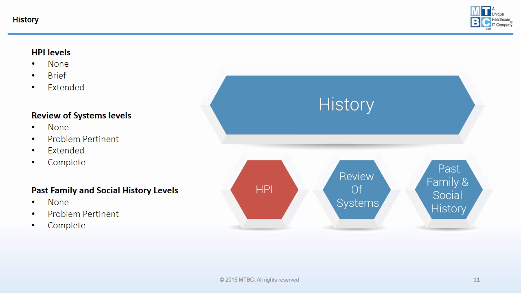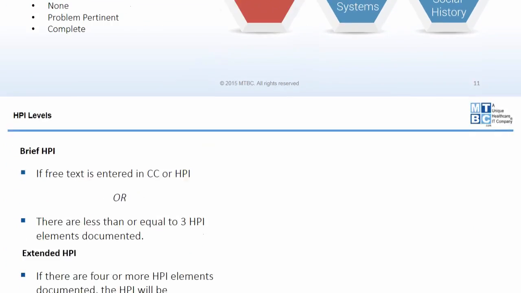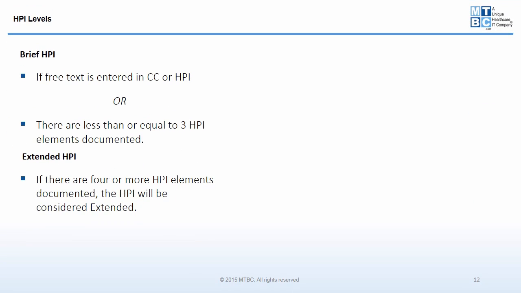And past family and social history levels, they'll be none, problem pertinent, and complete, depending on the cognitive labor that you're performing in that chart. If there is extensive detail, obviously the levels would be complete. If there is less detail, for example, the levels would be none or problem pertinent in past family and social history levels.